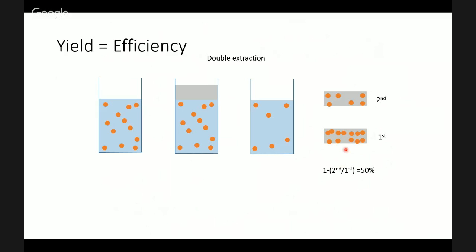Imagine if it was 100% efficient, then all of the iron would be in this fraction and none in this fraction. So it gives you the efficiency of the extraction.